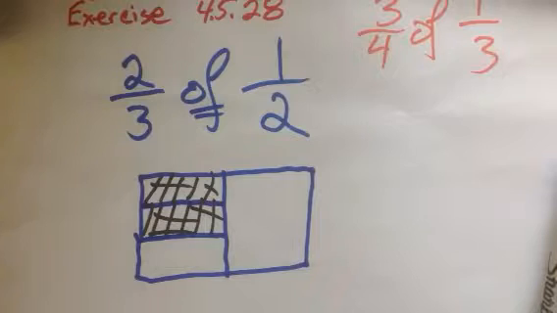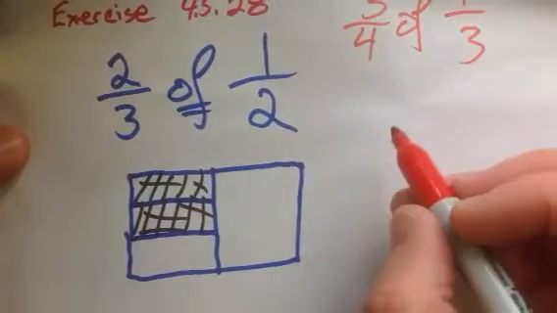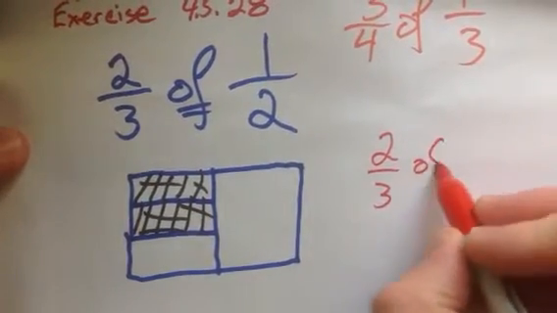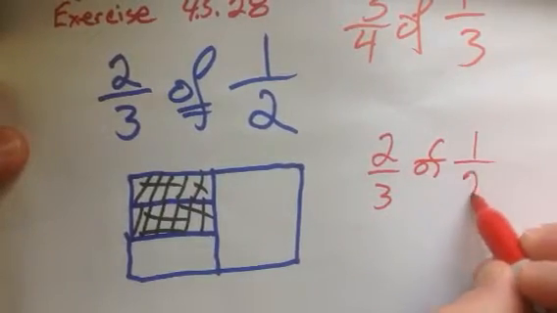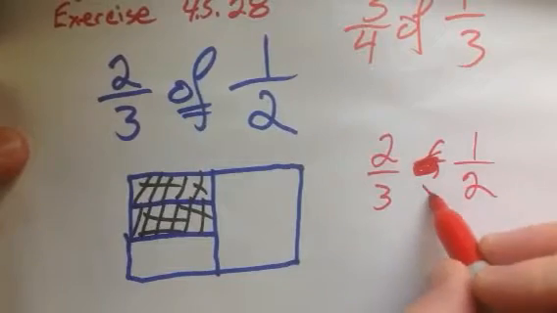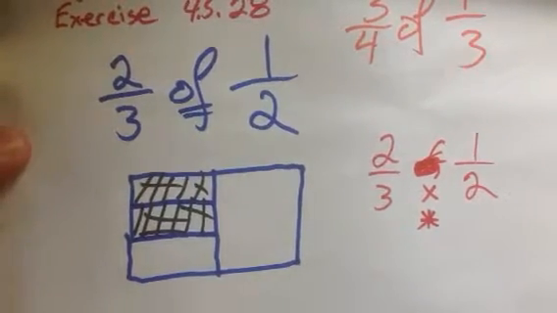Now, in order to actually see what the result is from a mathematical standpoint, we could say 2/3 of 1/2. We'll change this to multiplication, making a big dot, or we can do the X, or we can do the asterisk.